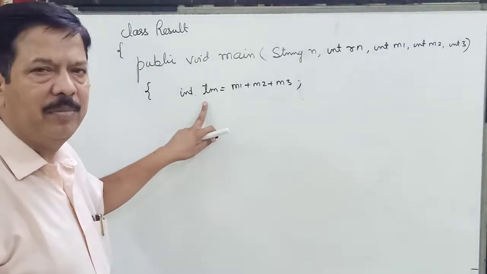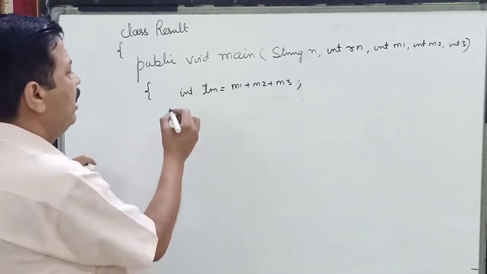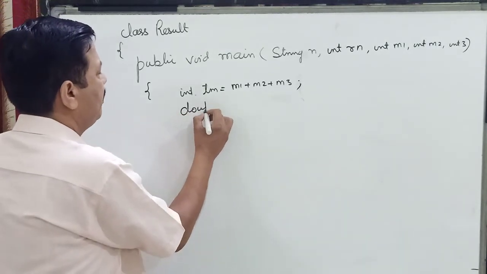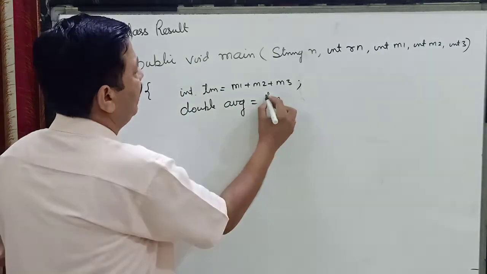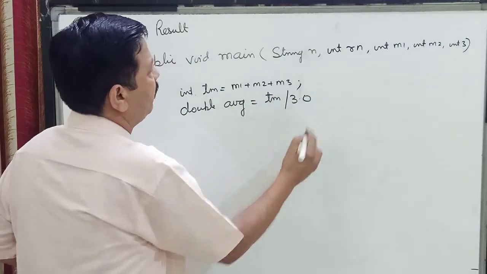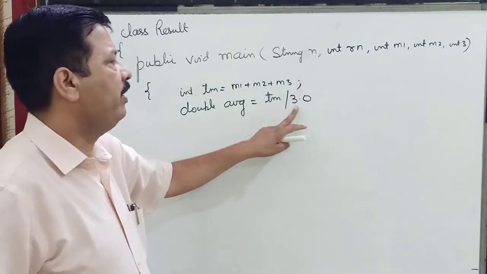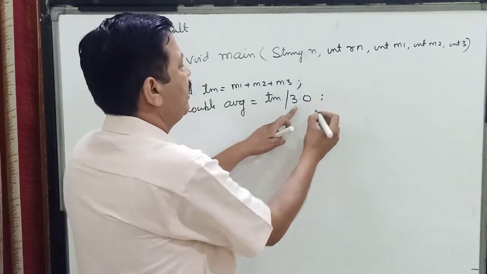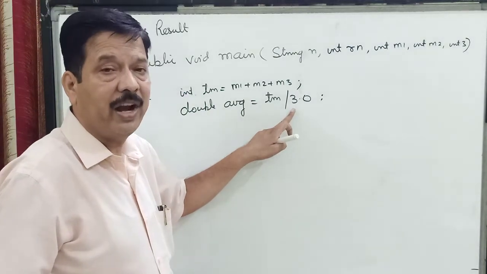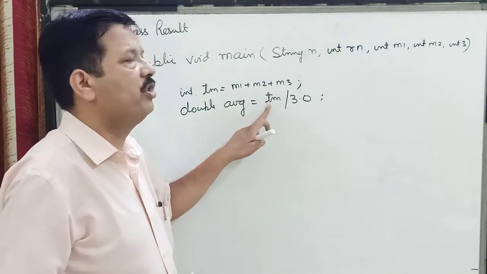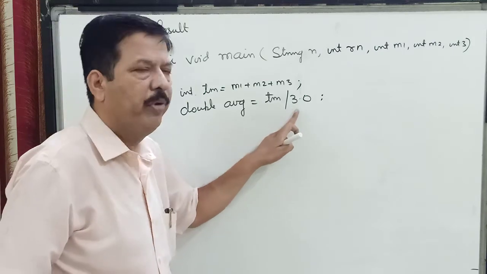I have taken a variable to store my total marks. Now comes the average of these 3 marks. So average AVG, I am saying, will be TM upon 3.0. Now children, I have written 3.0 because if I write 3, then integer and integer will give us an integer answer. So I write TM, which is of type integer, divided by 3.0.